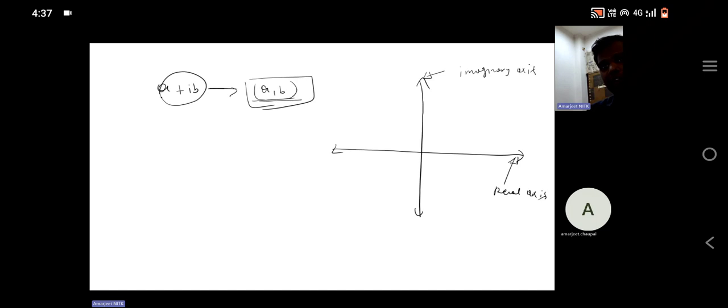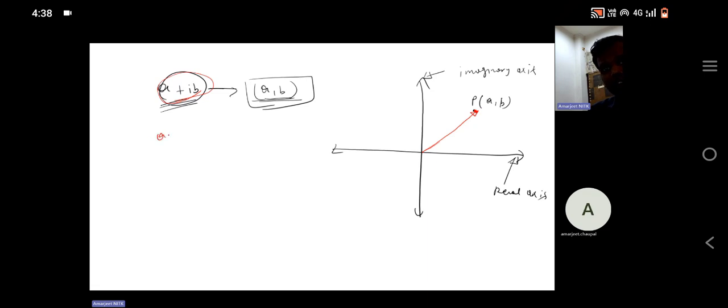So a plus iota b means a comma b. Suppose a comma b is this point P. P is nothing but a comma b, and this point denotes a complex number a plus iota b. Now if you join this point with the origin, then the length of this radius vector joining the origin to this point is known as the modulus of complex number a plus iota b.